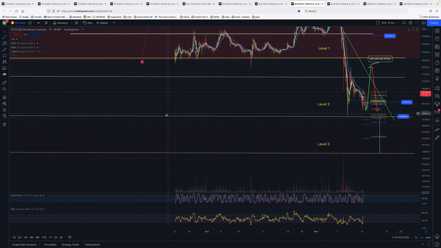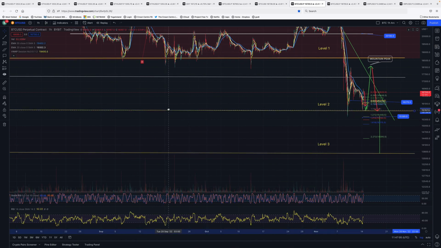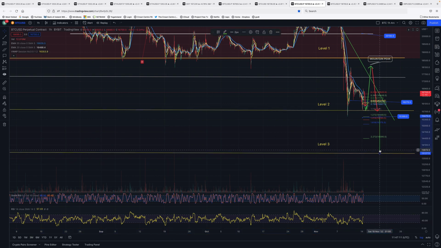I'm gonna move this line a little bit higher because now we seem to have a little bit more support. And I'm gonna adjust this target. So could Bitcoin go to 10K? Absolutely. Below 10K? Absolutely as well.